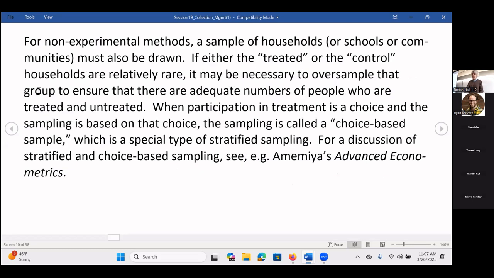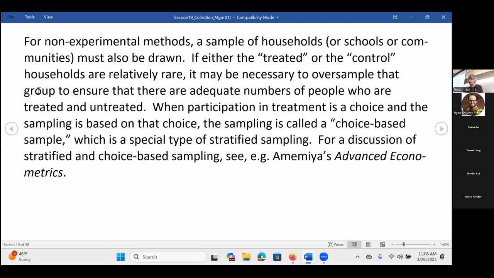Okay. And then if you're not doing an RCT, then you have this larger population of households. Actually, even with an RCT or non-RCT, sometimes if you're looking at a program, it's rare that people participated. So statistically speaking, it's good to have half of your sample be treated and half control.